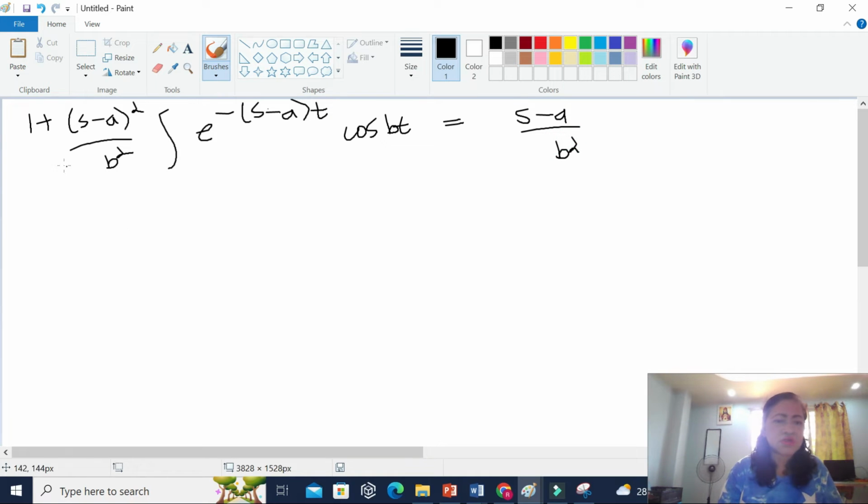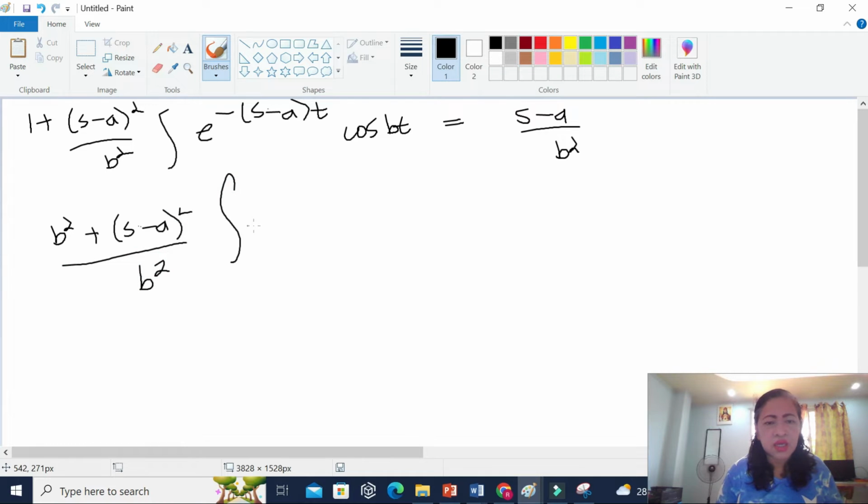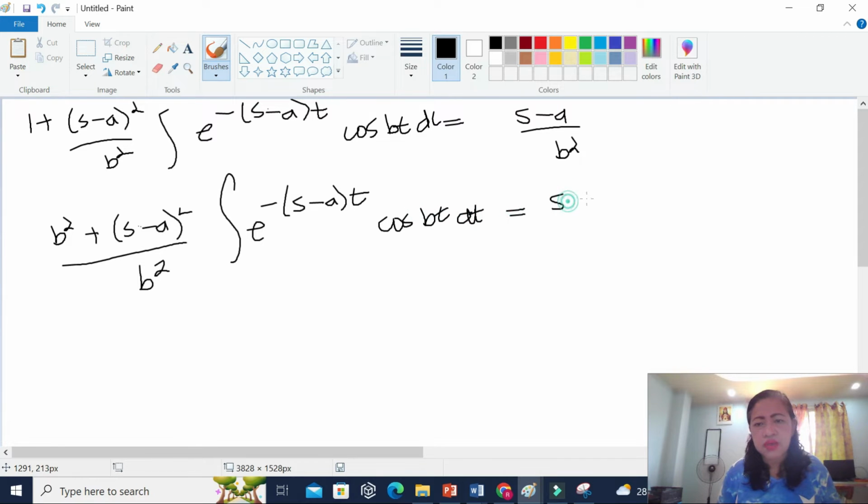To simplify, we can write it as (B squared plus (S minus A) squared) over B squared times the integral of E to the negative (S minus A) T cosine of BT dt equal to (S minus A) over B squared.